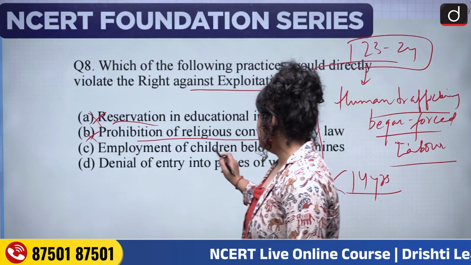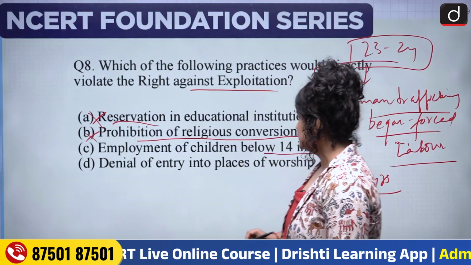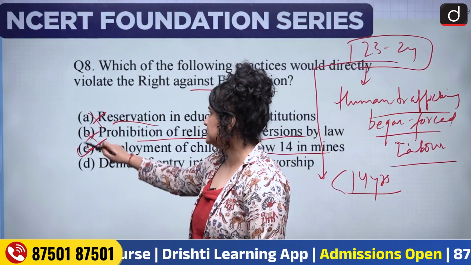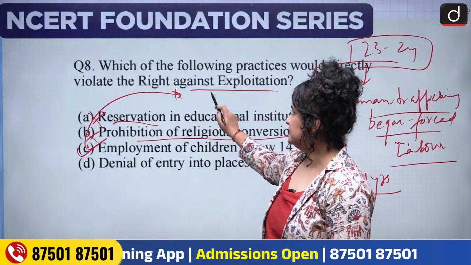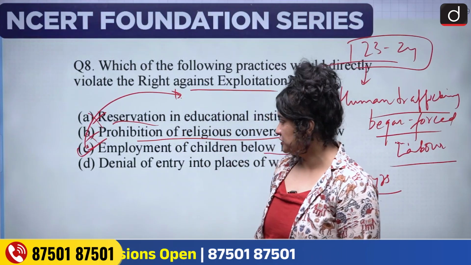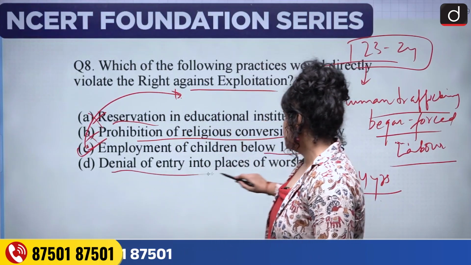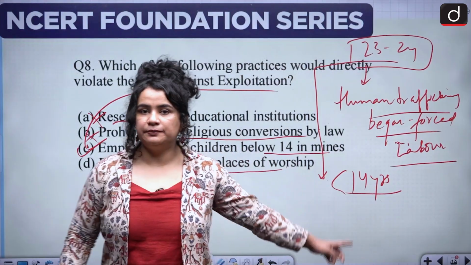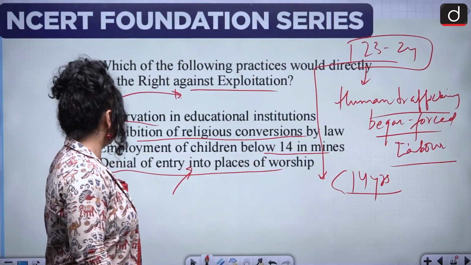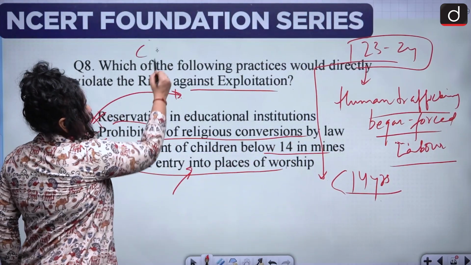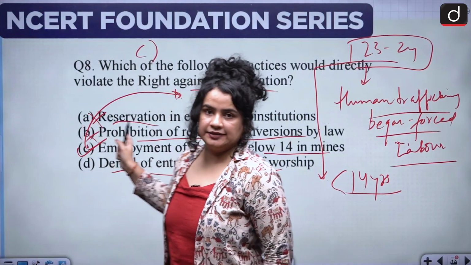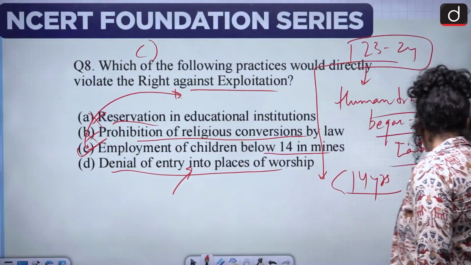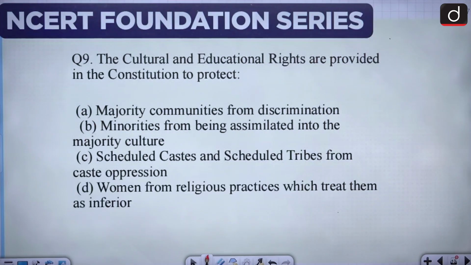Employment of children below 14 years in mines, yes, this is directly violating the right against exploitation. And the denial of entry into places of worship, this is violating the right to equality but not the right against exploitation. So we have the correct answer, which is option number C in this case. I hope this is making sense. So let's move on to the 9th question.